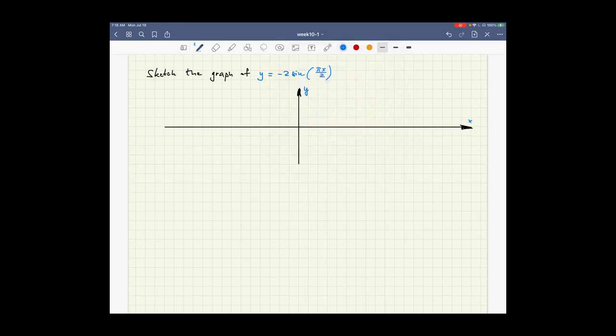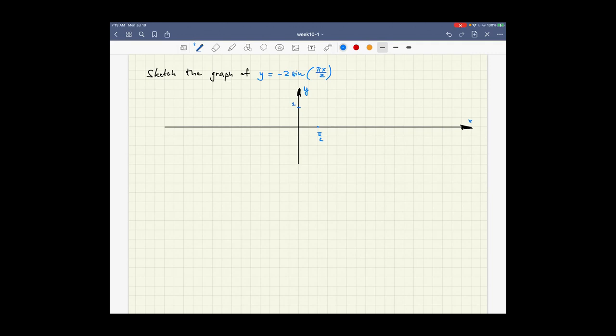Now, when making sketches, it's important to choose a good scale. I typically choose 2 cells to be pi over 2. And so every single cell is pi over 4 along the x-axis. But unfortunately, it's hard to keep that scale along the y-axis. So I choose 2 cells along the y-axis to be just 1 unit.